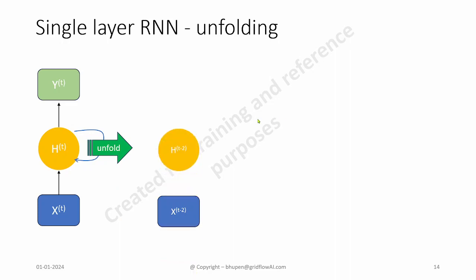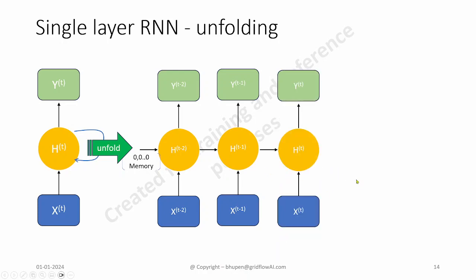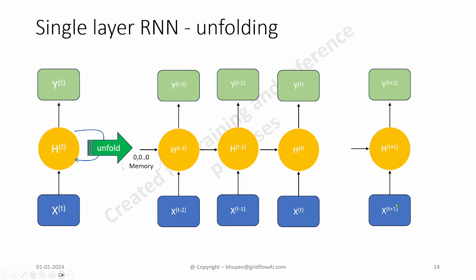So you stack a bunch of sequences in terms of time steps, and the memory vector will be initialized initially with a 0 value, and then it will be unrolled in terms of the number of tokens that you have in the sample, and that's denoted here by T. Okay.